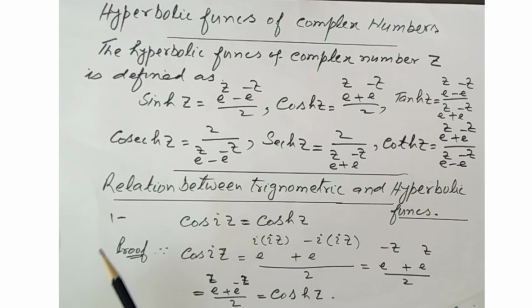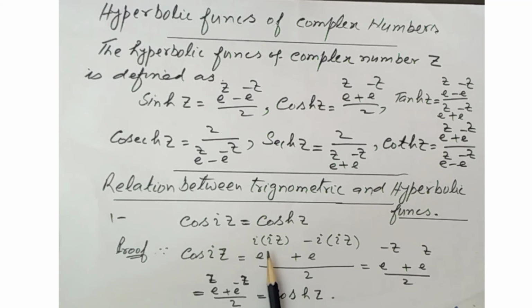Now we have the relation between trigonometric and hyperbolic functions. They are very important formulas. The first formula is cos iota z equal to cos hyperbolic z. Because we know cos iota z equal to e to the iota into iota z plus e to the minus iota into iota z divided by 2.